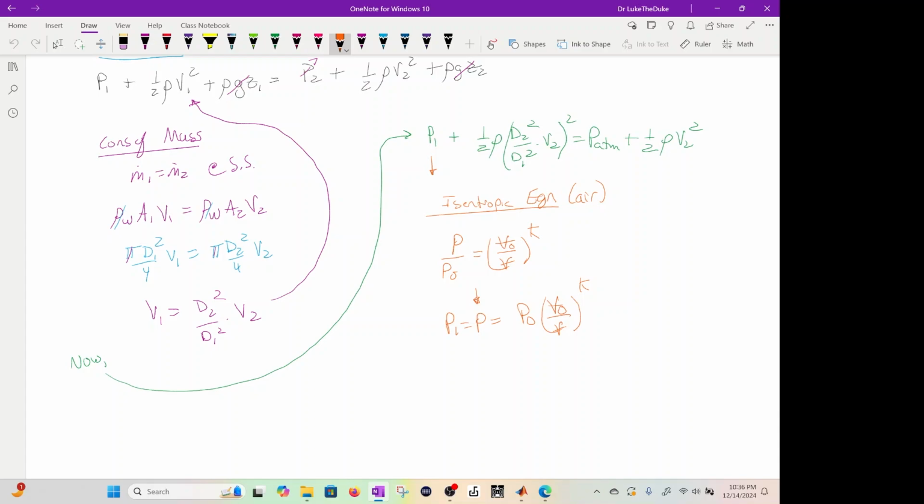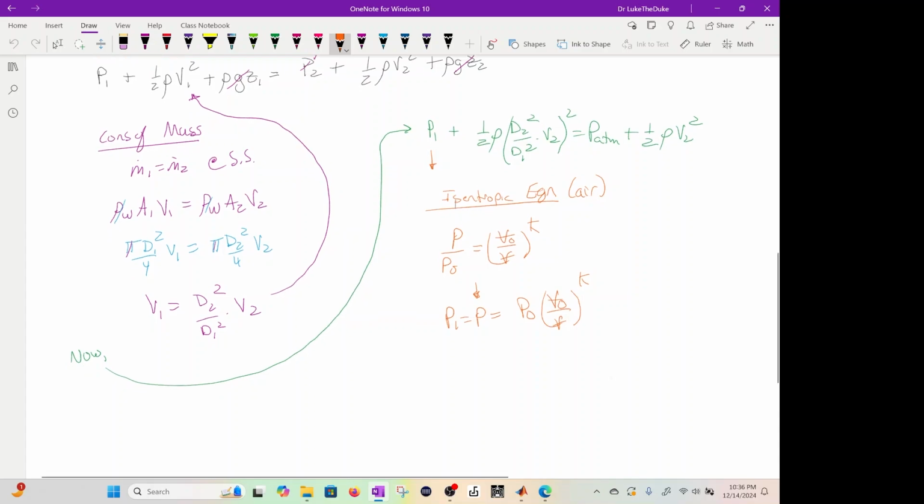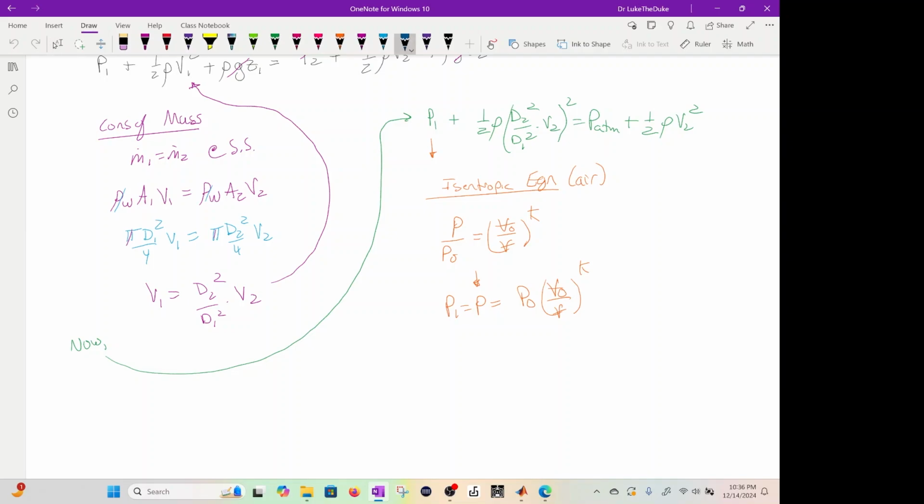Okay, so let's go ahead and plug that into the equation above. So we have P naught, V naught over V raised to the k, plus 1/2 rho times d2 to the fourth over d1 to the fourth, V2 squared, equals P atmosphere plus 1/2 rho V2 squared.